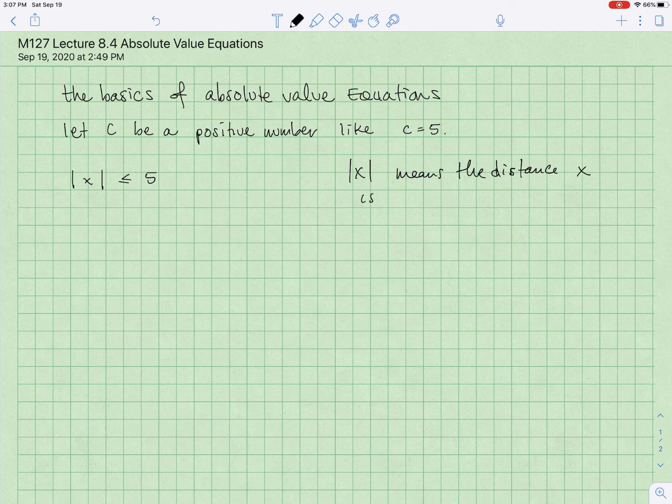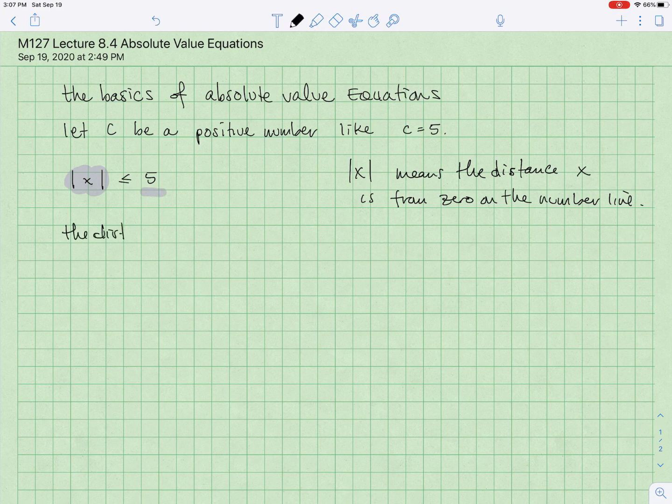So this means that however far away x is from 0 on the number line, its distance is less than or equal to 5.